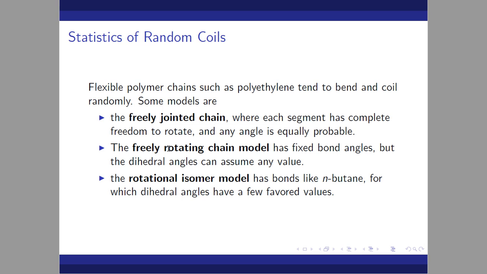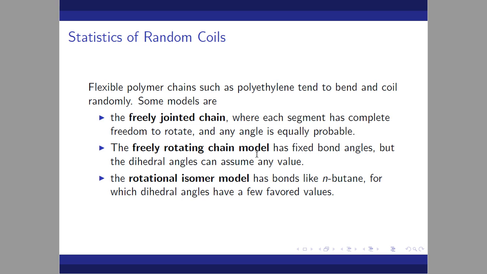Next is the freely rotating chain model. It has a fixed bond angle, but the dihedral angle can assume any value. Okay, so here it is like our arm, where the elbow is fixed. We cannot move our elbow, we can only move our shoulder. So we fix this bond angle.